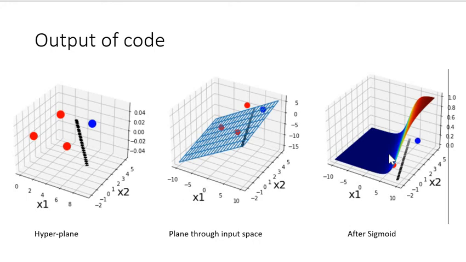In the first part, we are trying to define a simple hyperplane or a line which separates these three red points and one blue point. Then we train it where we define a hyperplane, a plane through the input space, that is now trying to separate these three red points and one blue point.